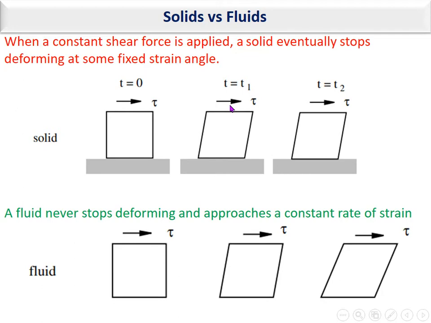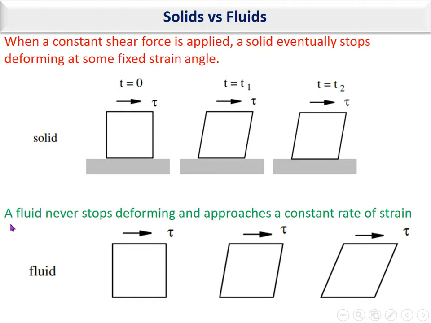You can see that at time t1, for example, the shape of the solid body will be as you can see here, and the same shape will exist at time t2 also, and there is no difference between t1 and t2 in the shape of the solid body.